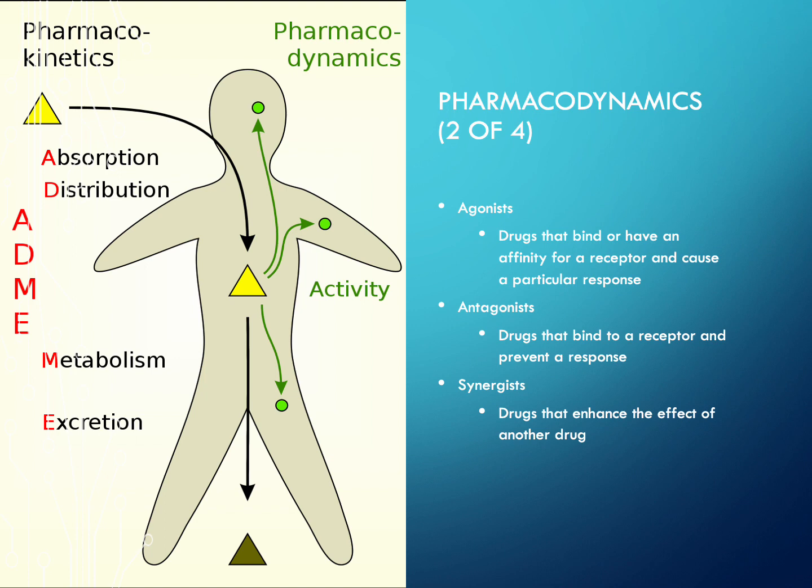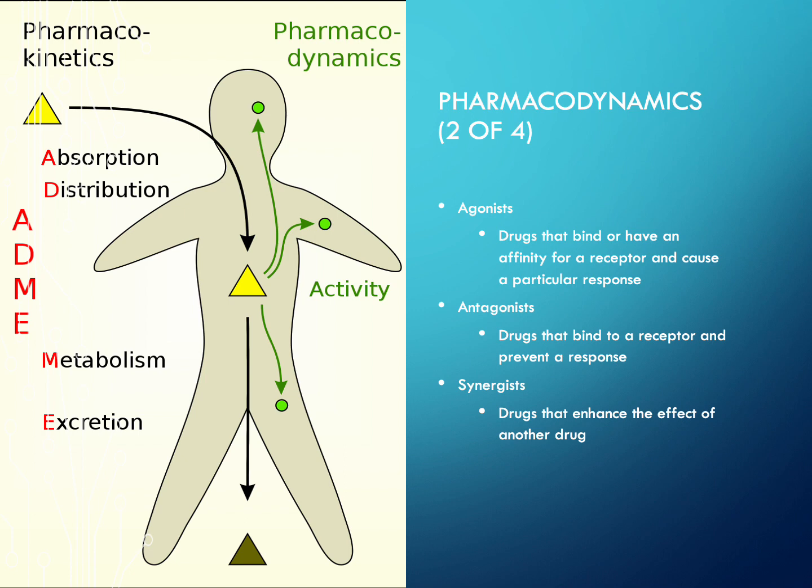It's the key that fits into the lock, and it elicits a particular response. An example of an agonist drug is succinylcholine, which is a pretty common anesthetic agent that they use. But neurotransmitters like acetylcholine are also considered to be agonists. They're lock and key, which elicits a particular response.